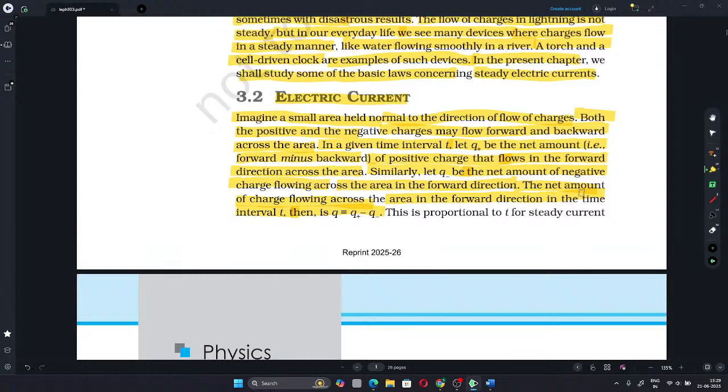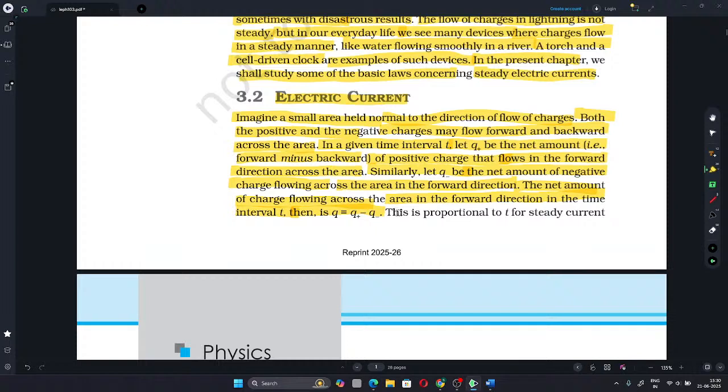In a given time interval t, let q plus be the net amount, forward minus backward, of positive charges flowing in the forward direction across the area. Similarly, let q minus be the net amount of negative charges flowing across the area in the forward direction. The net amount of charge flowing across the area in the forward direction in the time interval t is q equals q plus minus q minus.